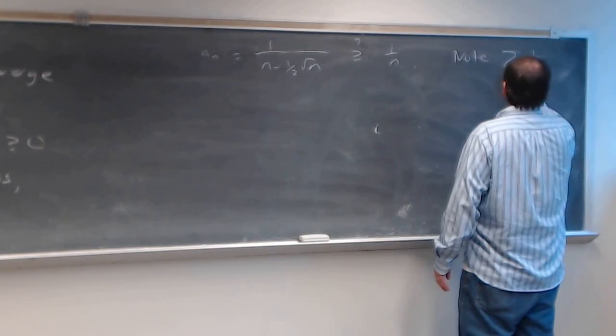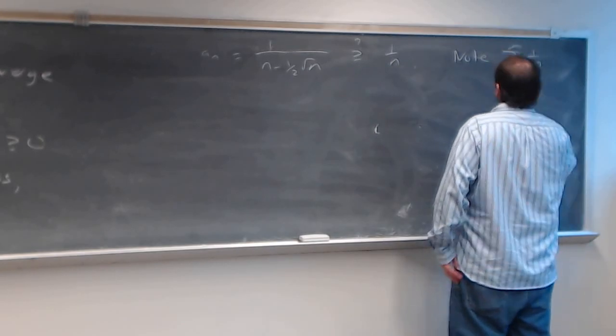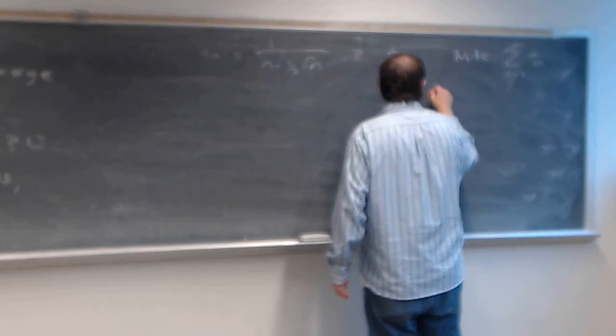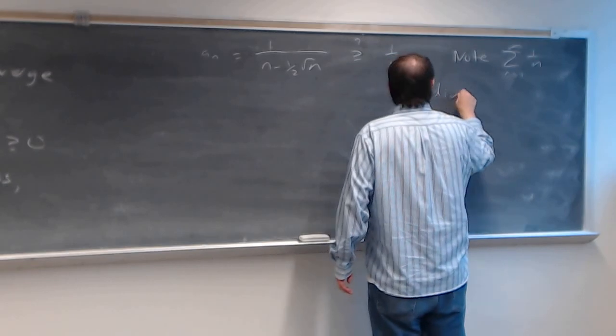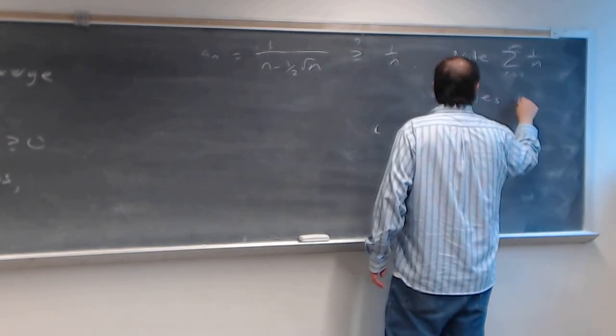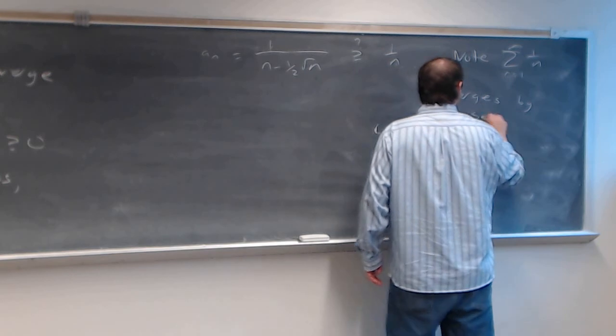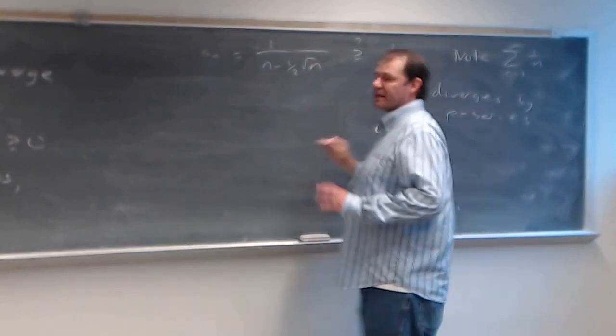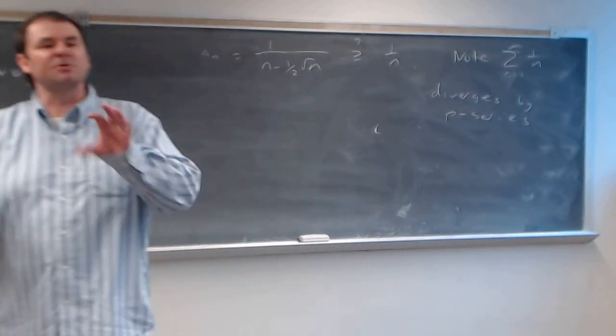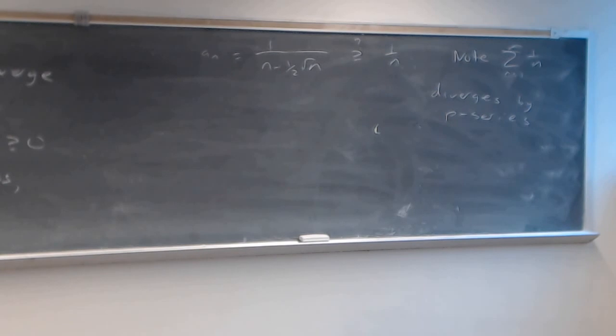This series right here, what does it do, Chris? Do you know? It diverges. Can you tell me why? P-series. That's right. And so I know it diverges. Look, this is a bunch of positive numbers, 1 over n. We're adding them up, and to say that it diverges means it adds up and goes beyond any finite number.